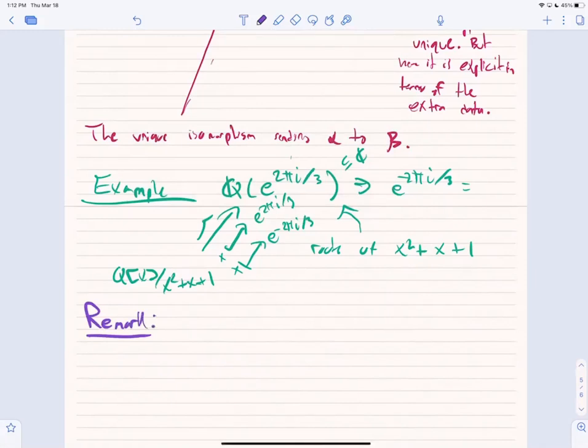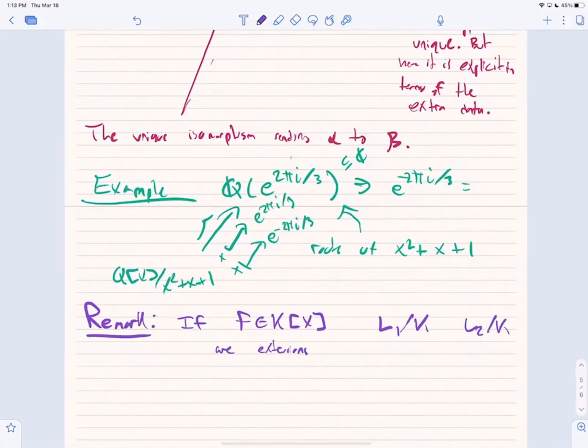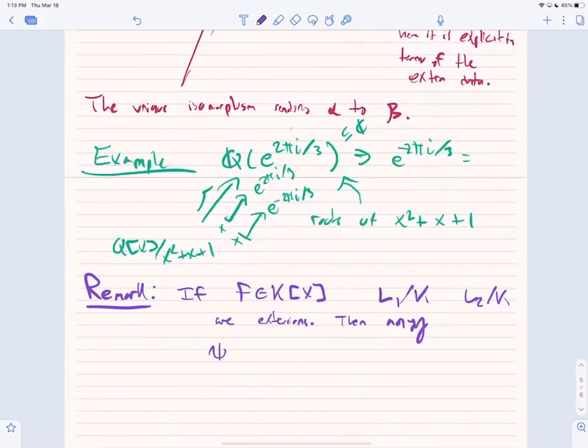So the remark is: if f is any polynomial, and L1 and L2 over K are extensions, and I have a map, let me call it psi, from L1 to L2 that restricts to the identity on K, so a map of extensions.